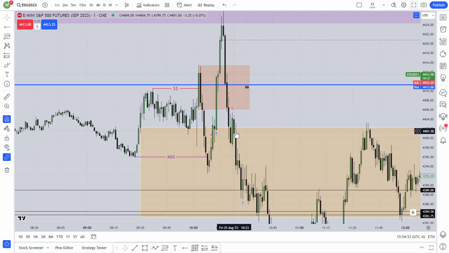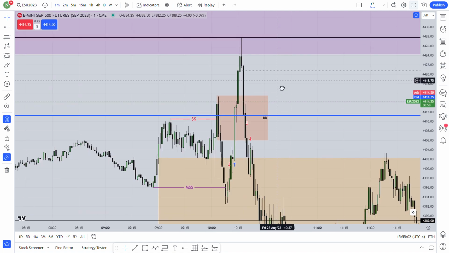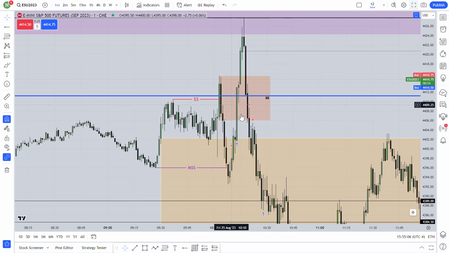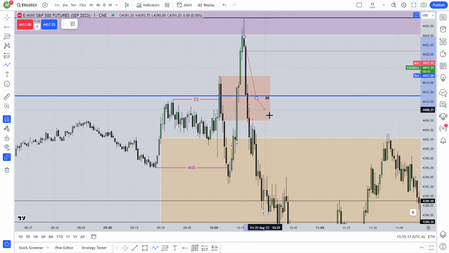When the big run happened, I marked the bearish breaker actually. This was the breaker. If the market wants to go higher, then this breaker should work properly. What I mean by that is the market will come maybe to the middle of the breaker, then it will go high, but it didn't do that.